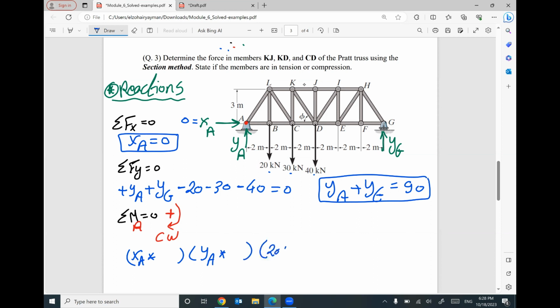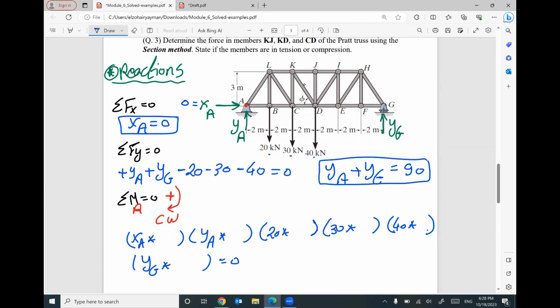We have 20 kilonewton times. We have 30 kilonewton times. We have 40 kilonewton times. And we have YG times, equal 0. I listed everything. I did not forget any.